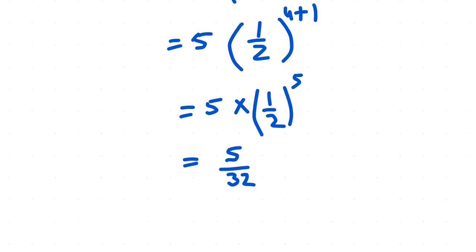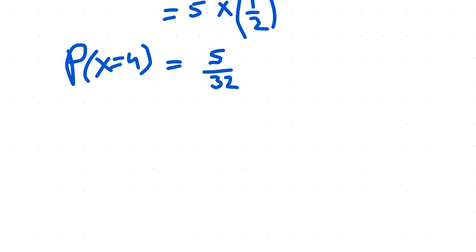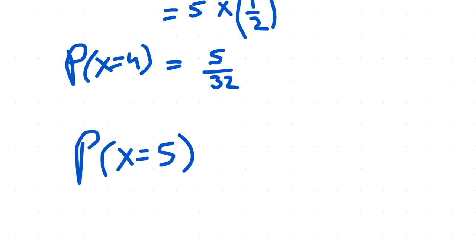That is for x is equal to 4. Now let us find for x is equal to 5 also, then we will add. For x is equal to 5, this will be 5C5. When we have the same number here and here, then its value will be 1. Always, when you have the same number here and here, then you have 1.